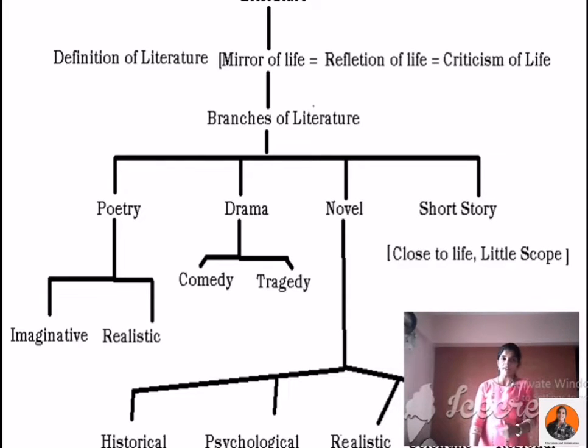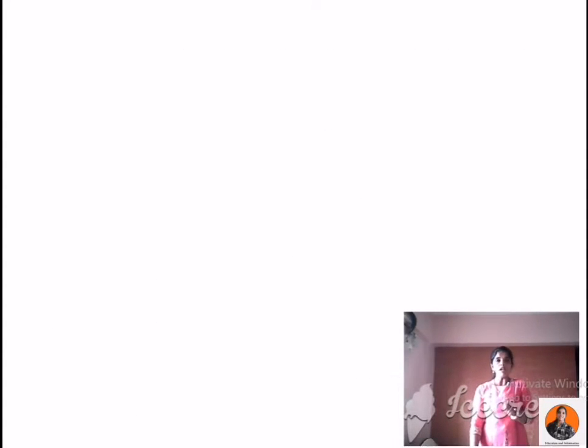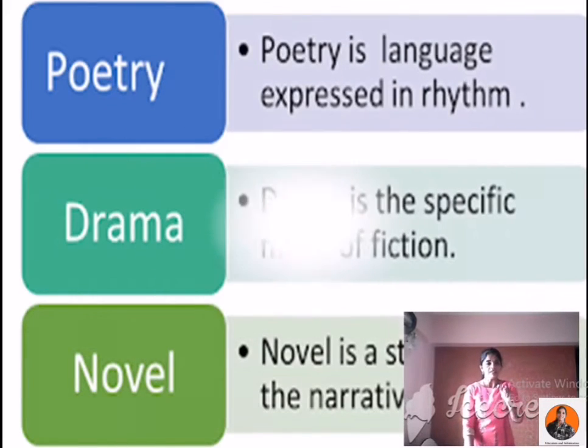We will learn in brief. Literature is a mirror of life, reflection of life, or criticism of life. And poetry, drama, novel, short story, these are the branches or forms of literature. Among them, we are going to learn about the novel as a form of literature.